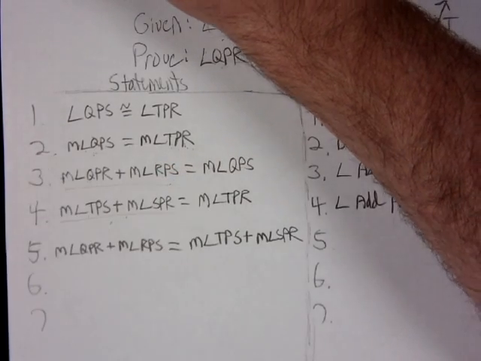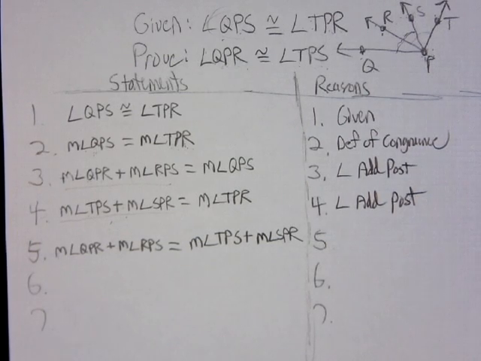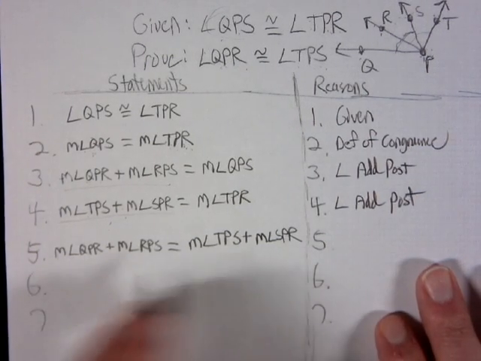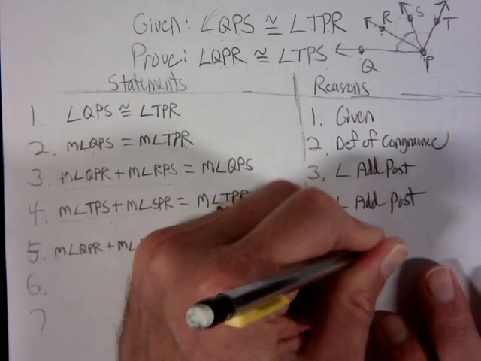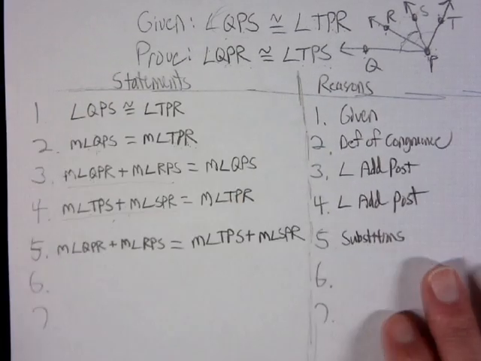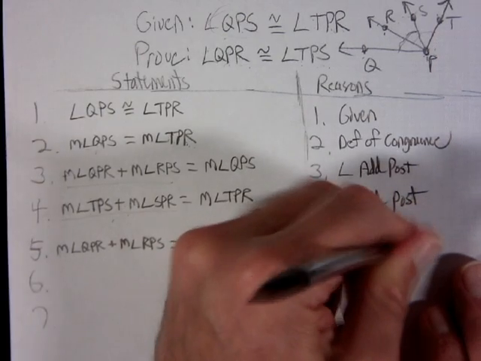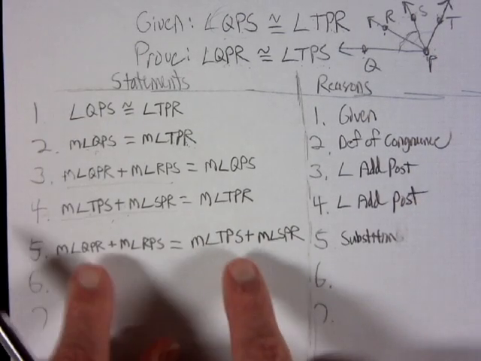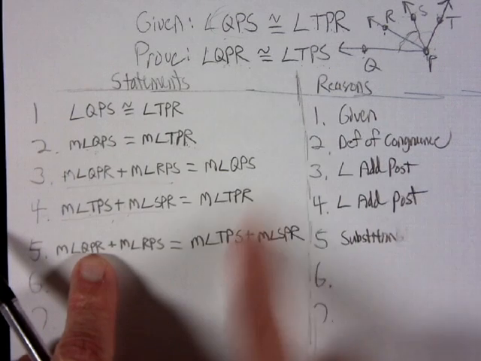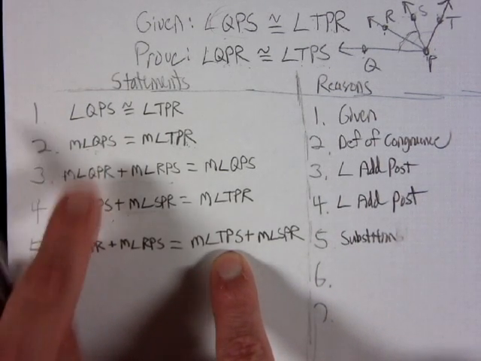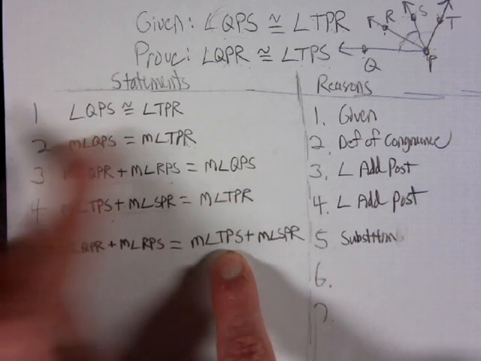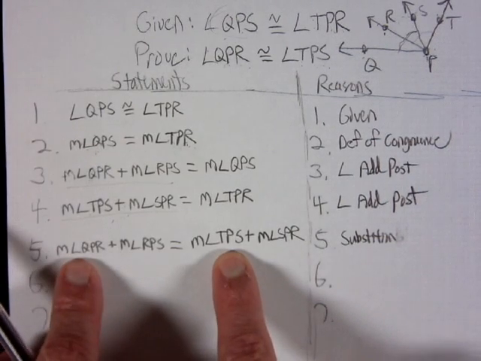All right, so now I have these set equal to each other, and I did substitution here. Took something out and put what it's equal to in its place. But again, how did that help me? Because now I have PQR and TPS in the same equation. I use these to get them into my proof, and I use that substitution from step 2 in order to get them into the same equation.